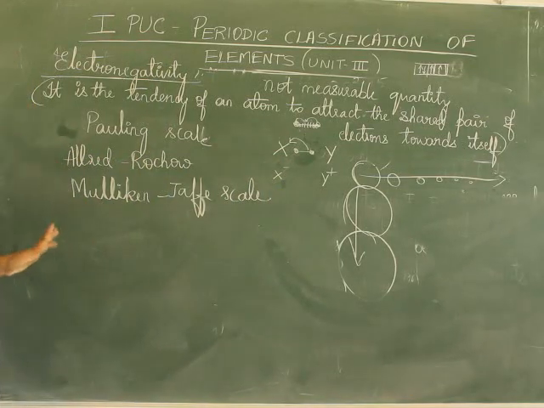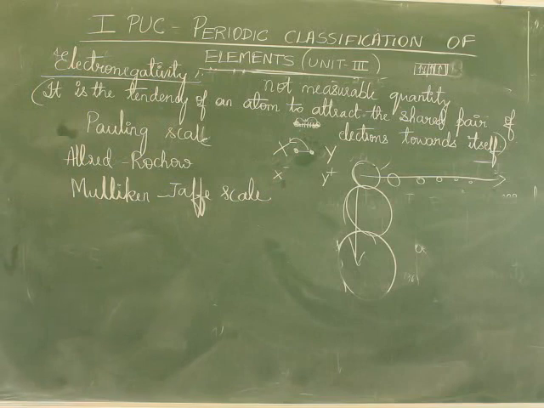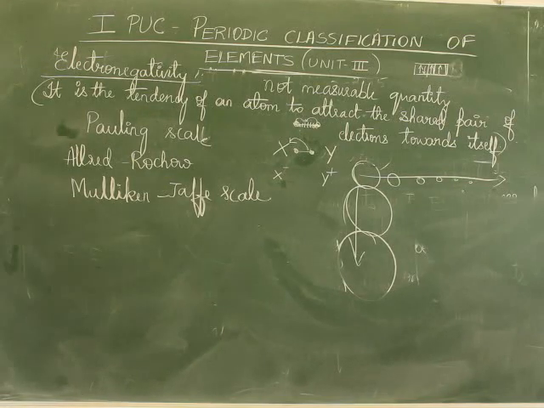Clear? So no doubt in electronegativity. I have told you that some scales are used for the study of how it varies across the period and down the group. Now let us see.